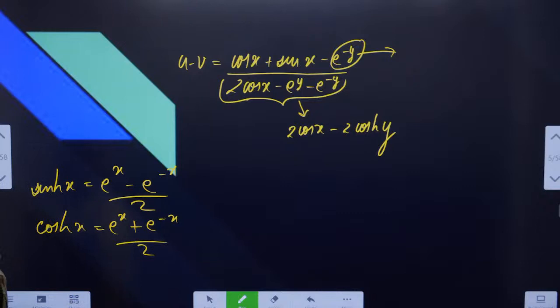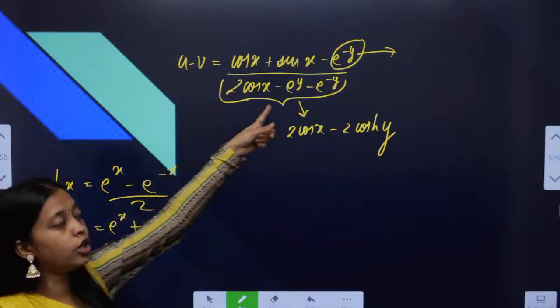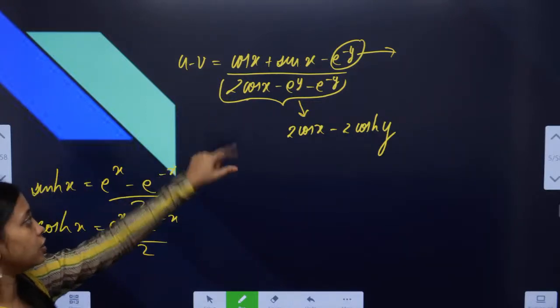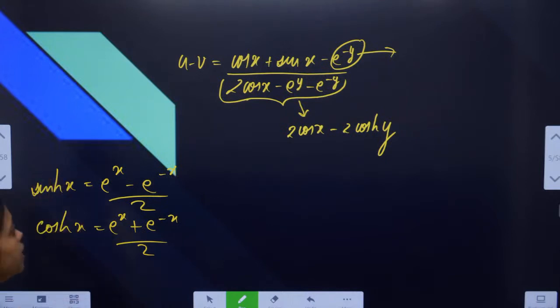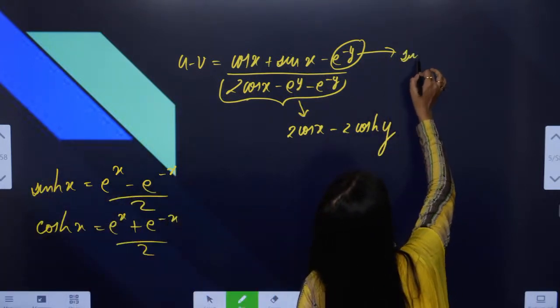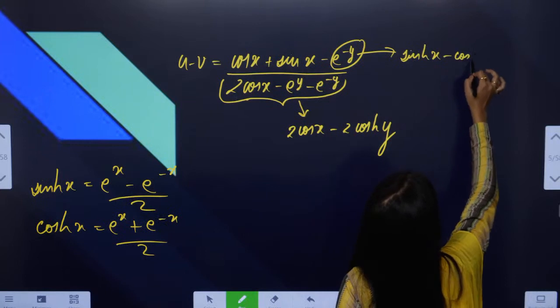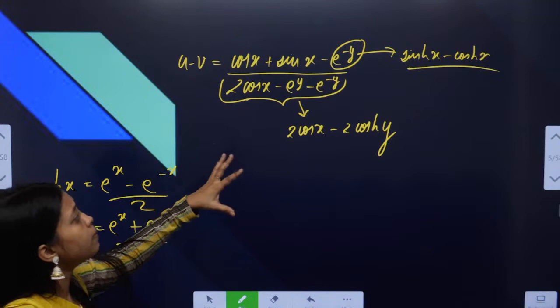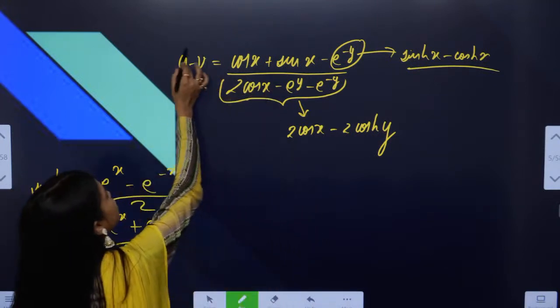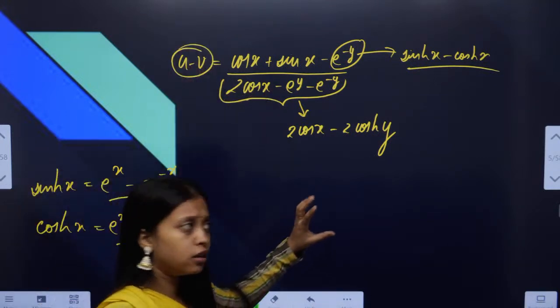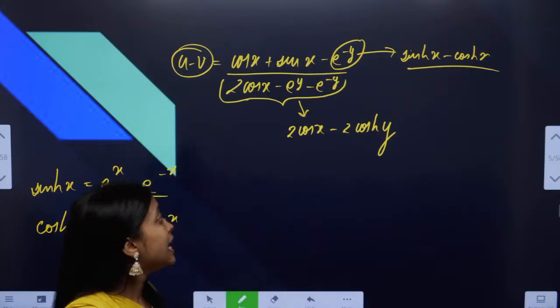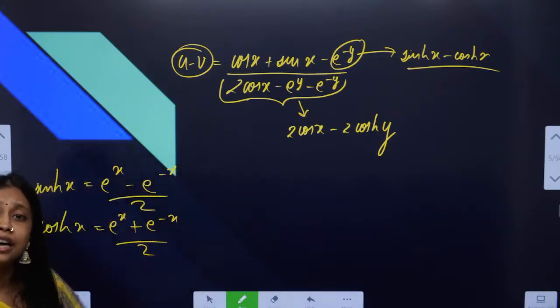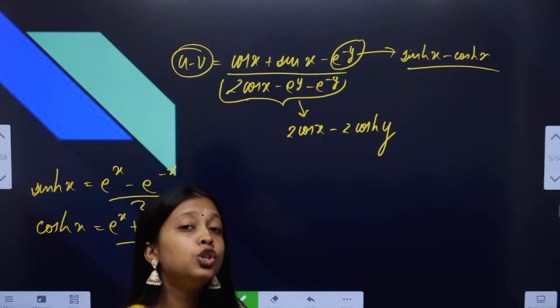Now again you can change this by subtracting: sin hyperbolic minus cos hyperbolic will give you that expression. So you can write sin hyperbolic x minus cos hyperbolic x, adjust the 2, take that 2 common out, basically try to reduce this expression. Again, instead of doing all those CR equations, there is one more thing you can use.